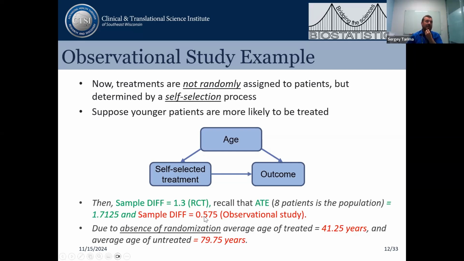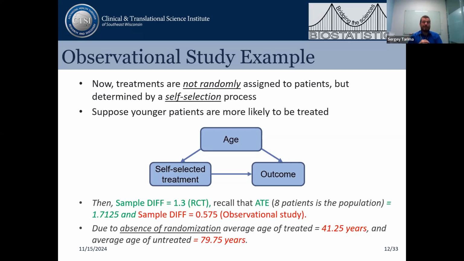0.575. Certainly this is just an artificial example, but I chose it to illustrate the overall issue. If we have randomization between two groups, our observed sample difference between two sample means would be an unbiased estimator of the average treatment effect. But when we have self-selection, when we have an observational study, many biases come in.